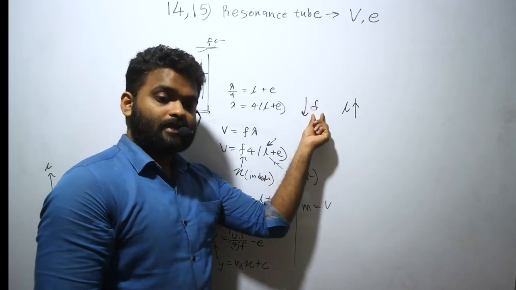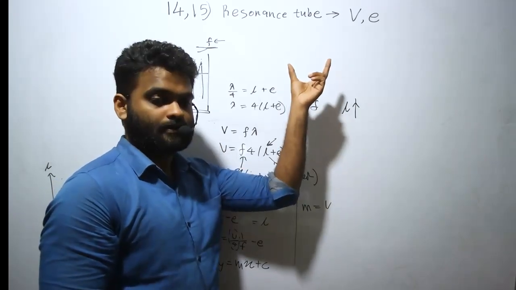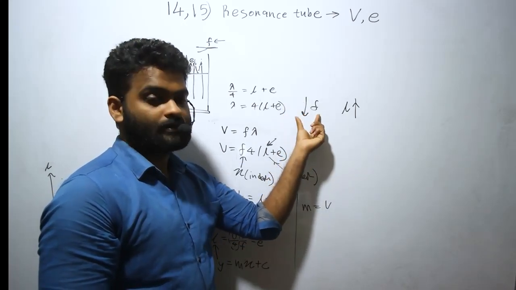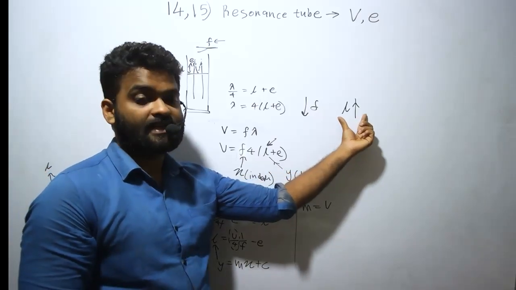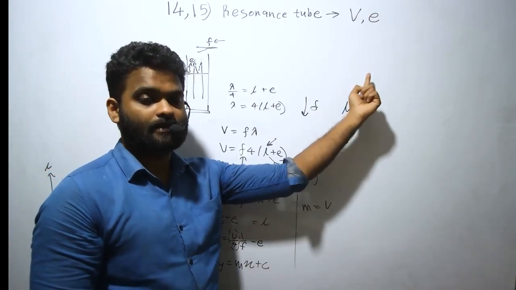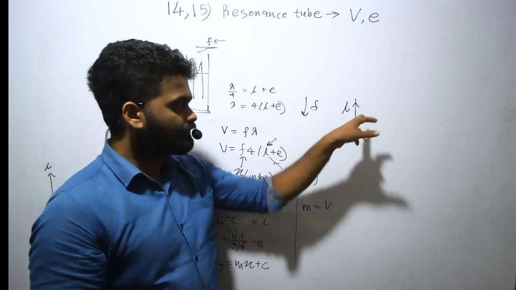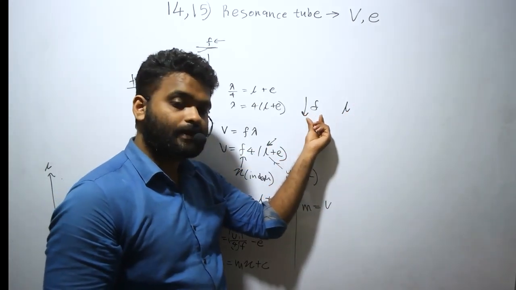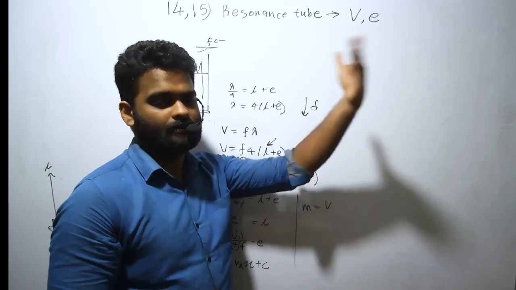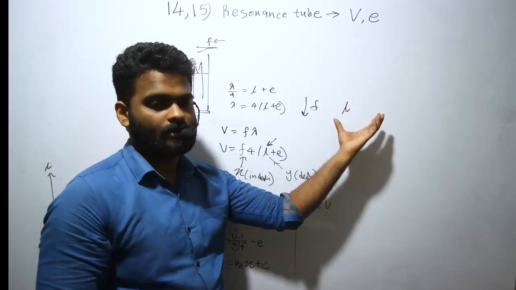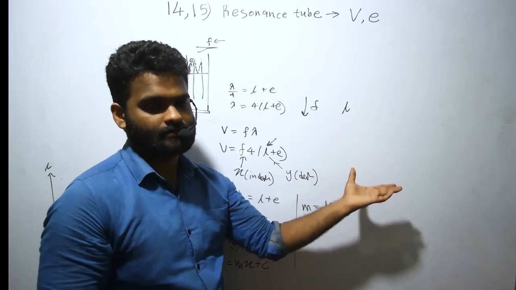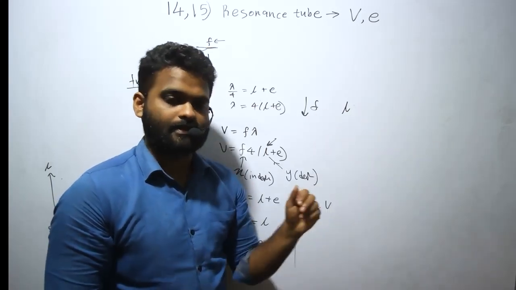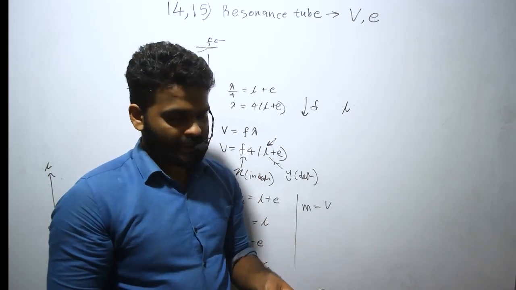You get the largest fork, meaning the lowest frequency fork, and the resonating length is highest for that. So for other forks, L will be lower values. If for the lowest frequency L is sufficient, for other forks also L is going to be sufficient, because the resonating length will be less for higher frequencies. Understood? So that is what it means.